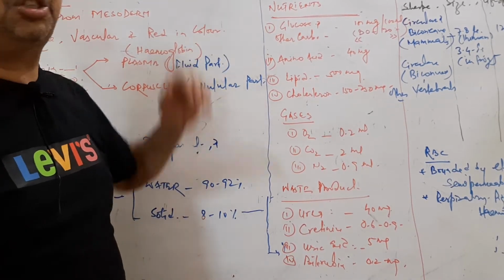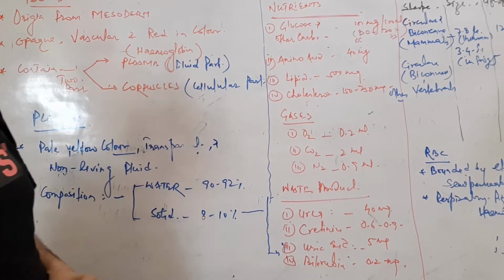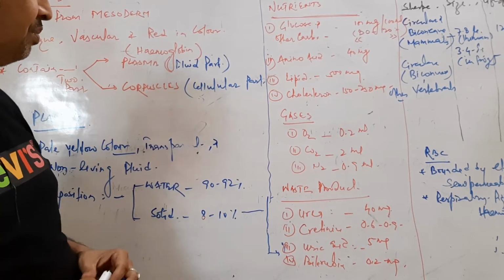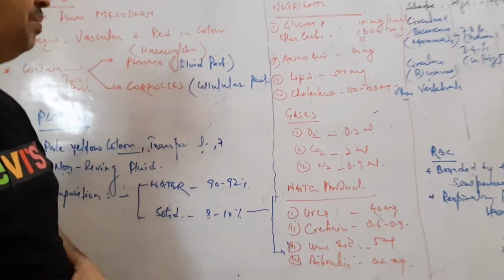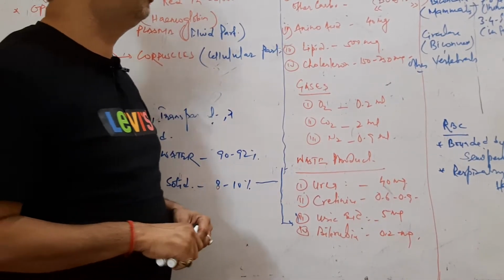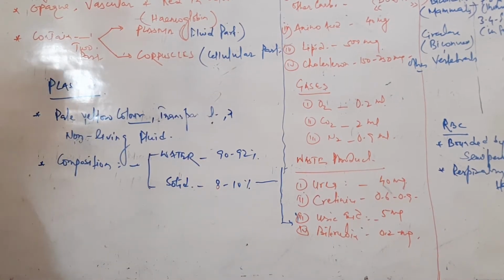So the constituents of the blood are mainly protein, nutrients, carbohydrates, fats, lipids, cholesterol, gases and waste.